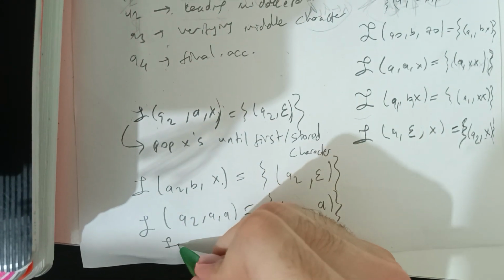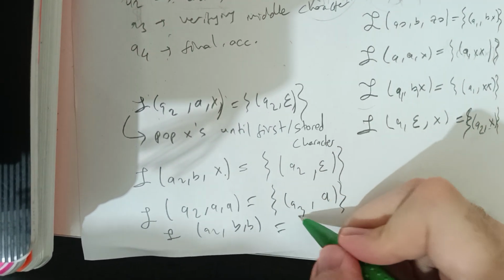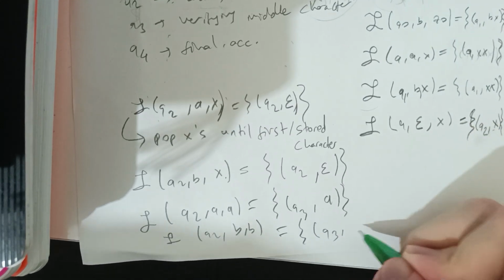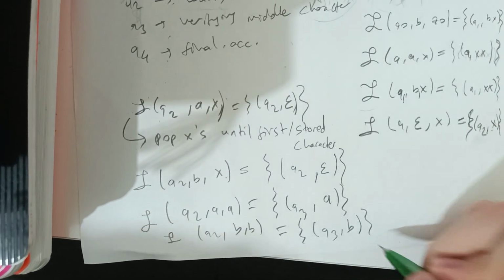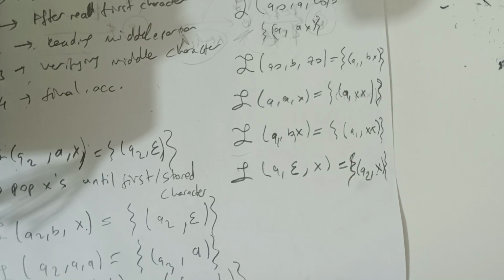And the same transition Q2, B, B, Q3, B. And the last part verifies the last character.